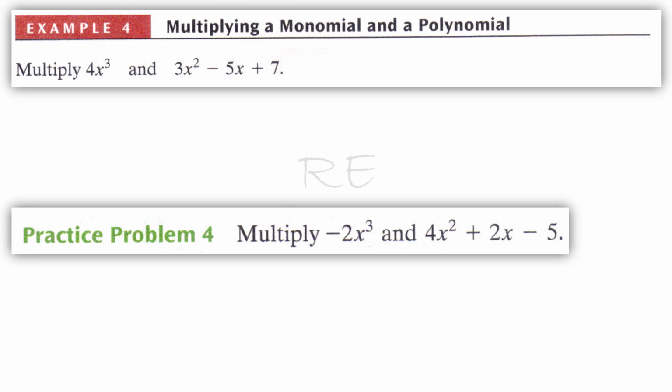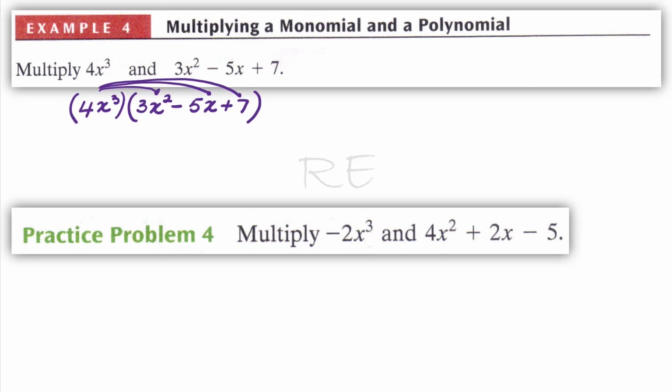Example 4, we're going to multiply a monomial by a polynomial. 4x cubed times 3x squared minus 5x plus 7.